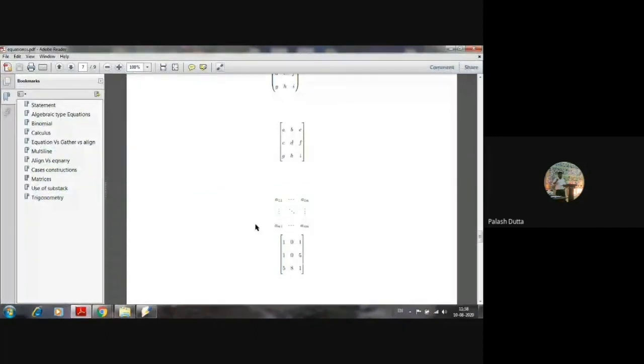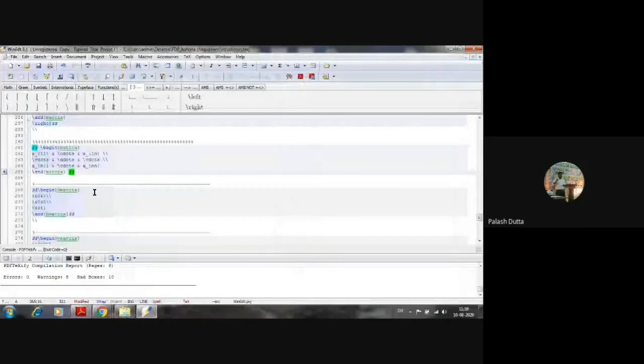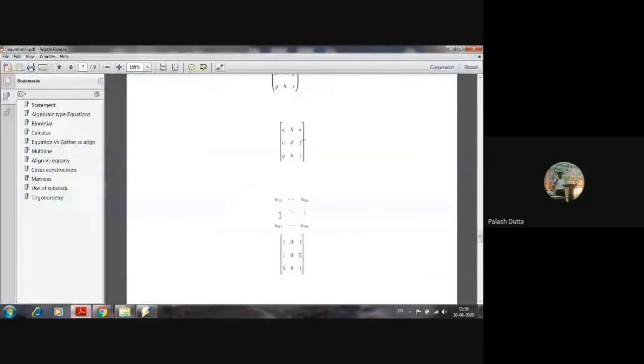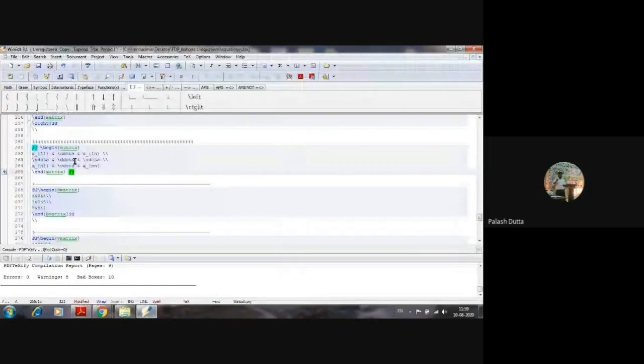We put A11 first, that is A underscore 11, and \cdots gives three dots, then A_{1n}, then \vdots, vertical dots, then \ddots, diagonal dots, then vertical dots again. In this way we can write this sort of dots matrix.